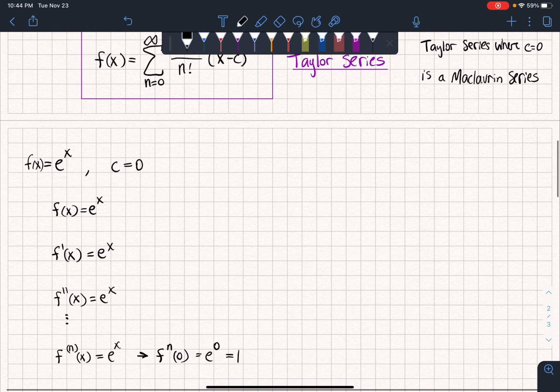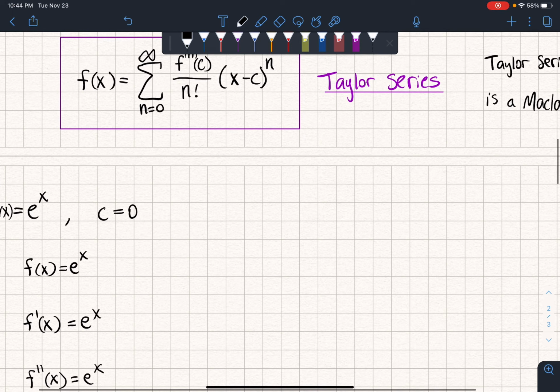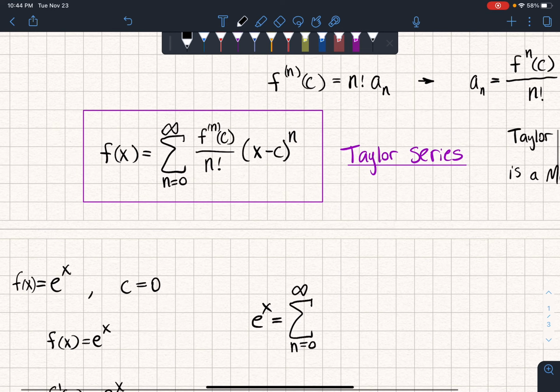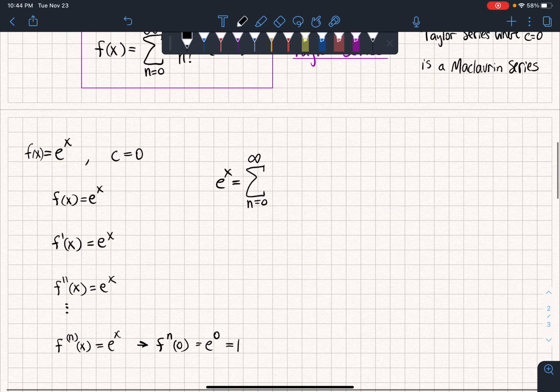Now plugging into our formula, we can say that e to the x has a Maclaurin series expansion of the form sigma starting from n equals 0 to infinity, and the nth derivative evaluated at c, we just figured out, is equal to 1.